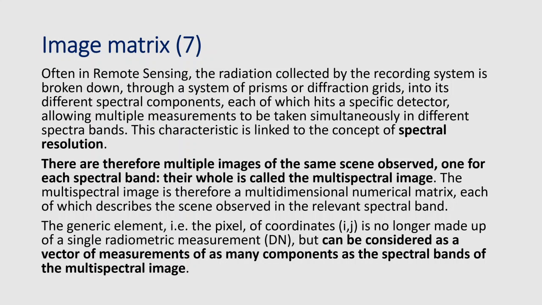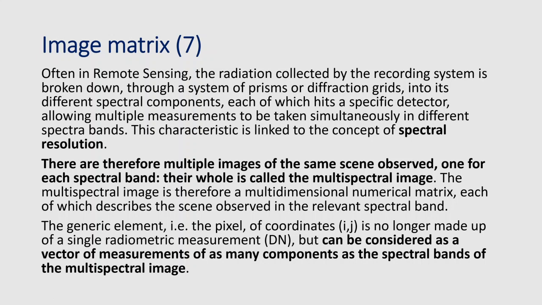So one of the great advantages, as we mentioned in the first lecture, is the fact that these sensors are able to acquire multispectral images. That means that we don't have only one single measurement, one single DN, but as written here, we have a vector of measurements for every single cell.